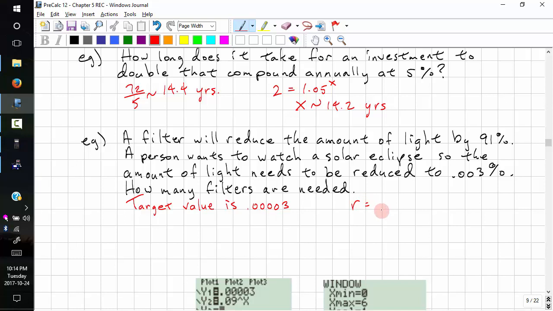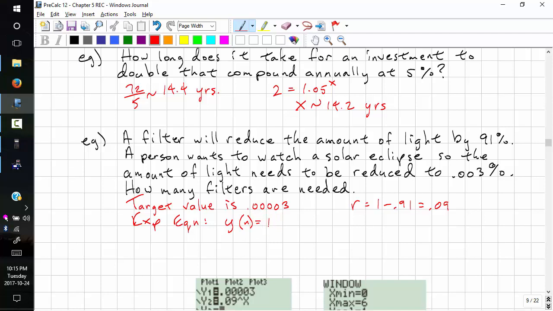R equals 1 minus 0.91, so that's 0.09. Okay, we divide the 91 by 100. So our exponential equation is y_n equals 1.